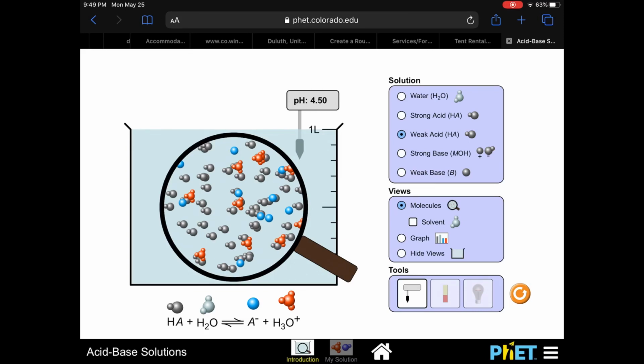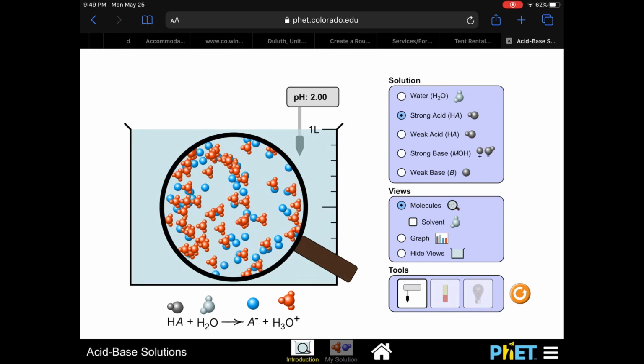We have fewer hydronium ions in solution, fewer H pluses. And that's why our pH is 4.5, whereas with our strong acid, our pH was 2. So that's one of those funny things with pHs, is that something with a lower pH is a stronger acid. Or it's more acidic is what I'm trying to say.